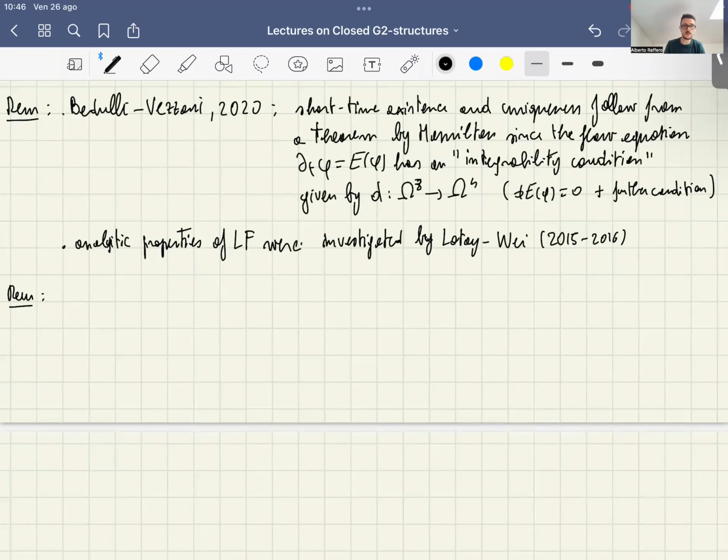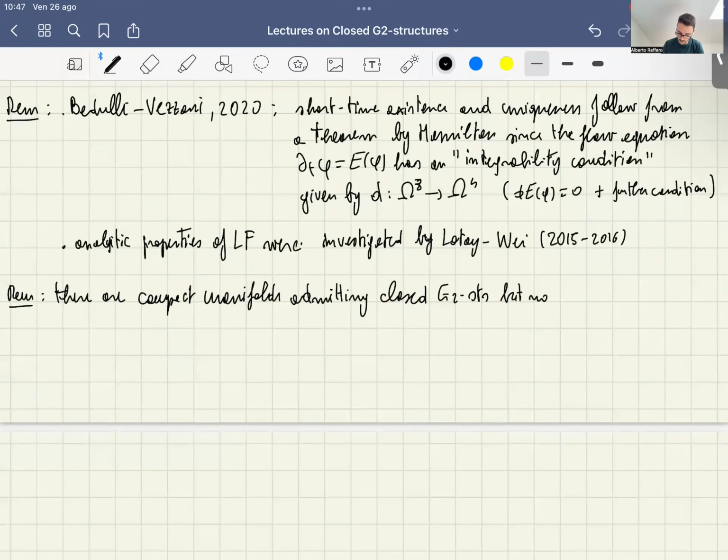And this is precisely what's going on, for instance, in the example by Fernandez we saw in the third lecture. So we have compact manifolds admitting closed G2 structures, but no torsion-free ones.